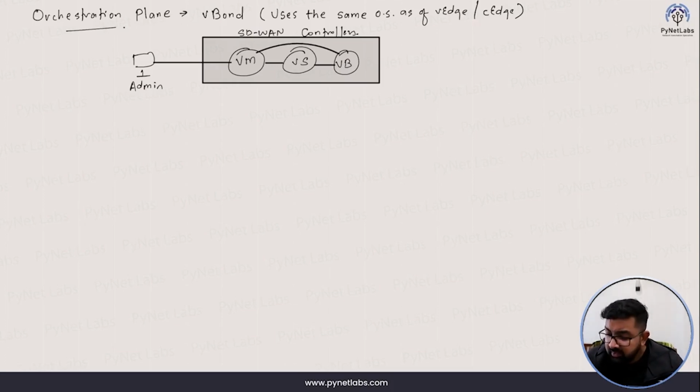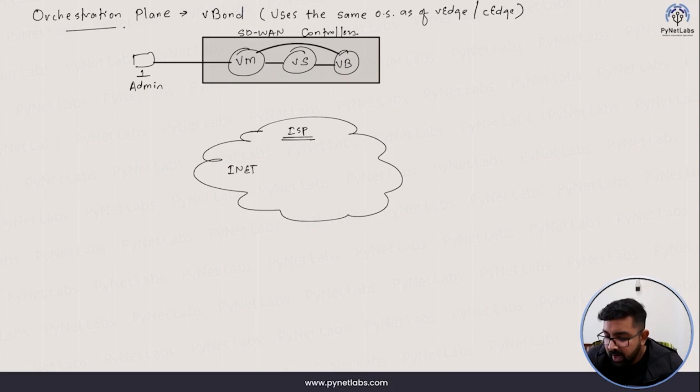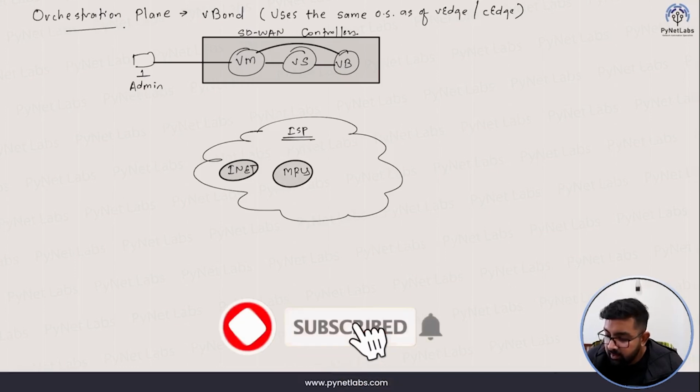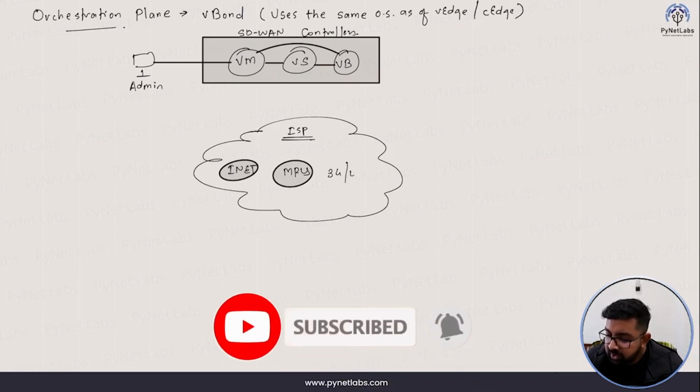Then there is the ISP connectivity. So the ISP can provide you the iNet connectivity. Then we have MPLS connectivity, and then we also might have 3G or LTE connectivity.